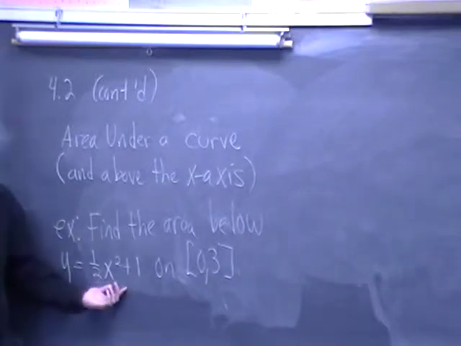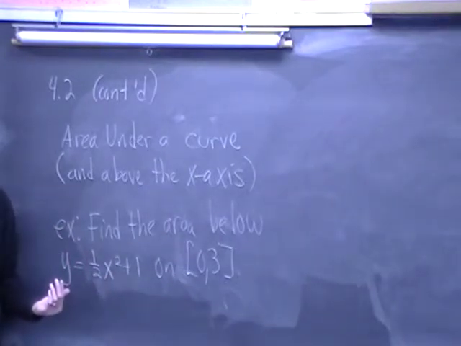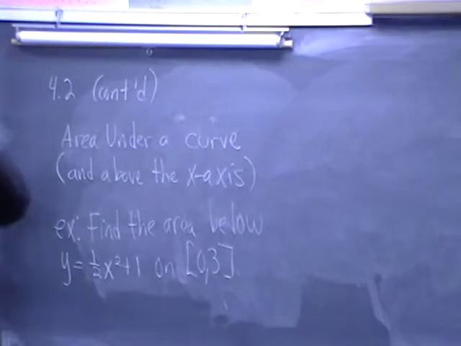Because the quote-unquote curve that we're dealing with isn't really a curve, it's a line. And so what we're going to get when we graph this is a nice geometric shape. We can use geometry formulas to find the area.